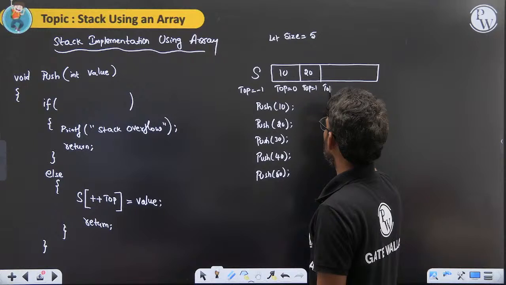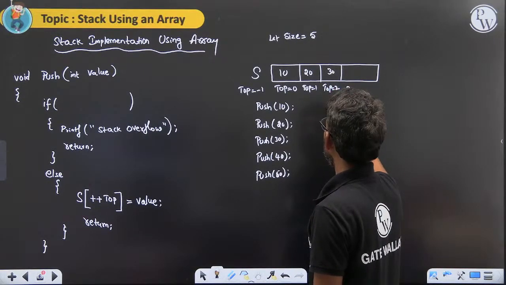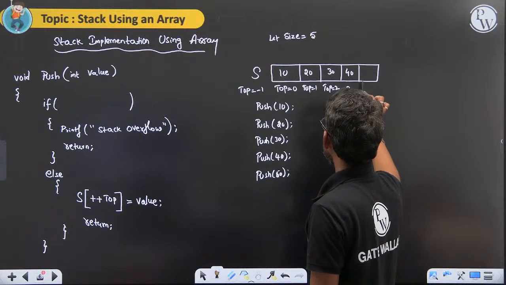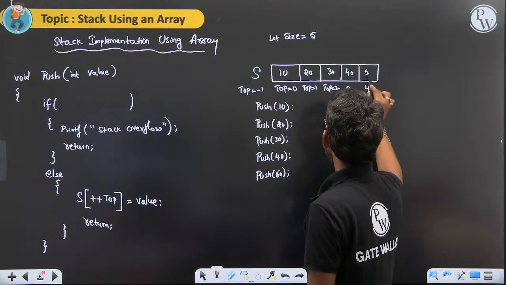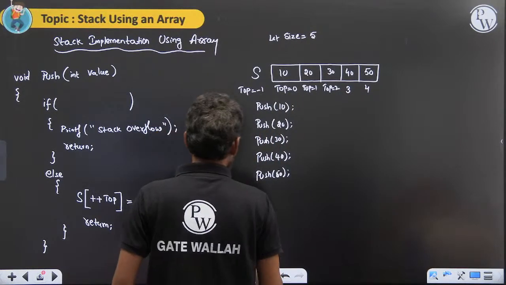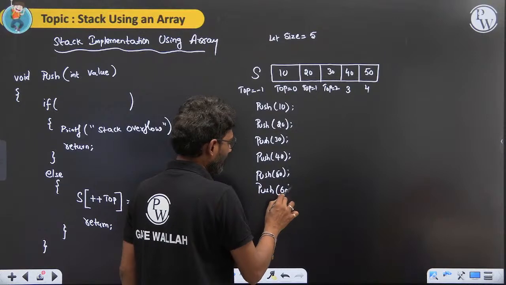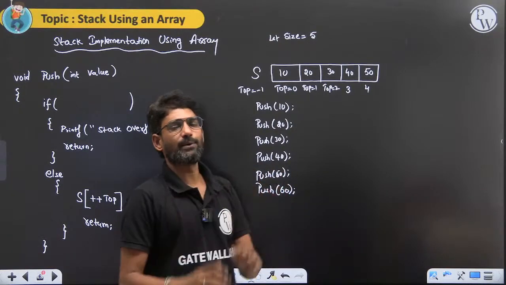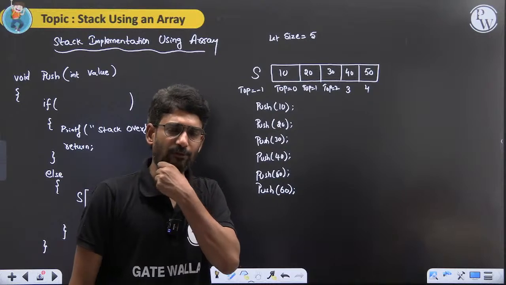So, top becomes 2, 30 is inserted. 3, 40 is inserted. 4, 50 is inserted. Now, if I try to push one more element, now actually I want stack is full or overflow.